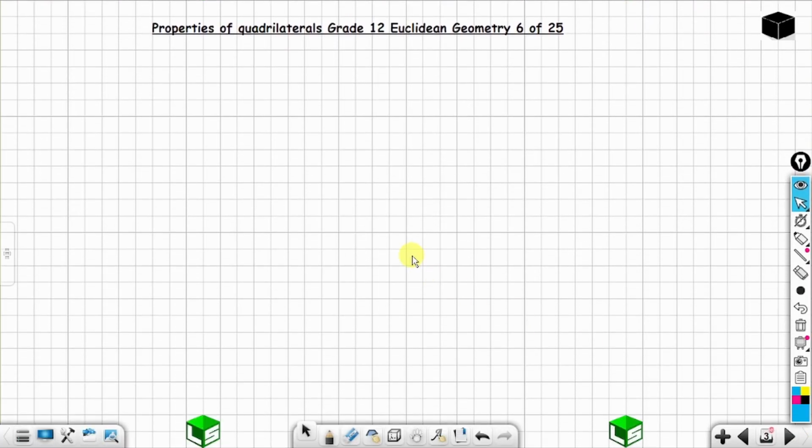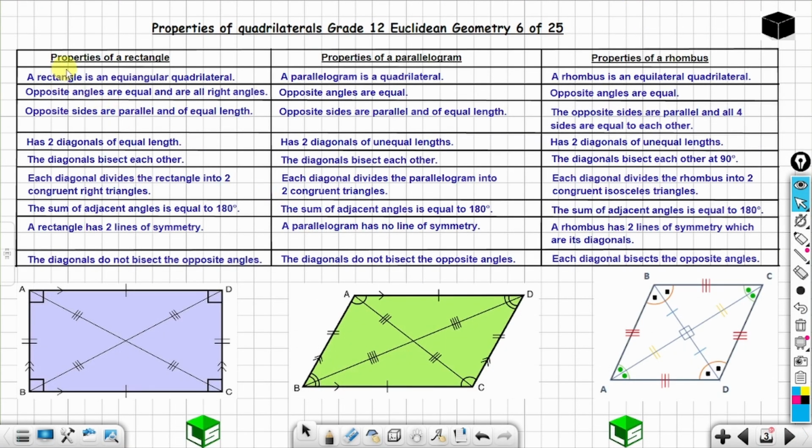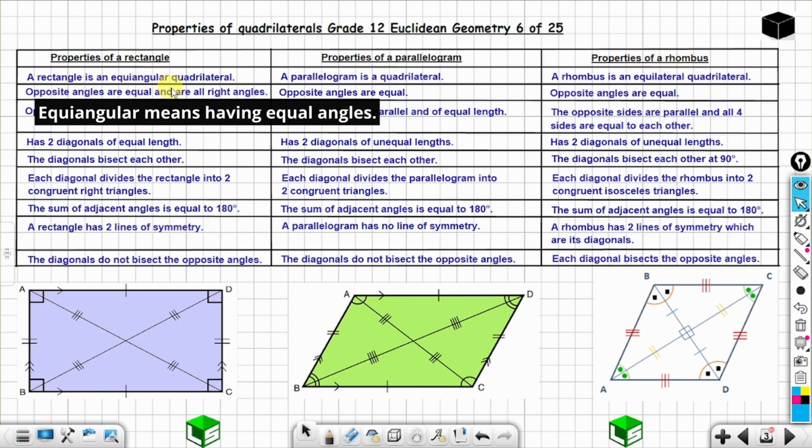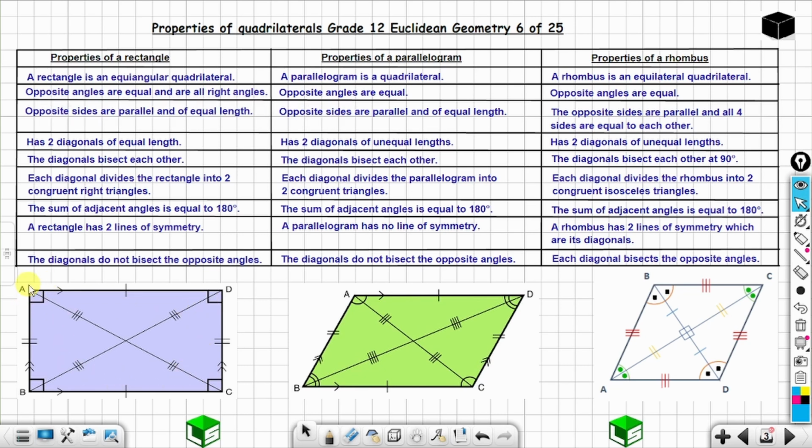Now we are going to see the properties of a rectangle, properties of a parallelogram and properties of a rhombus. A rectangle is an equiangular quadrilateral. Equiangular meaning all angles are equal. This is a right angle, this is a right angle, this is a right angle, and this is a right angle.